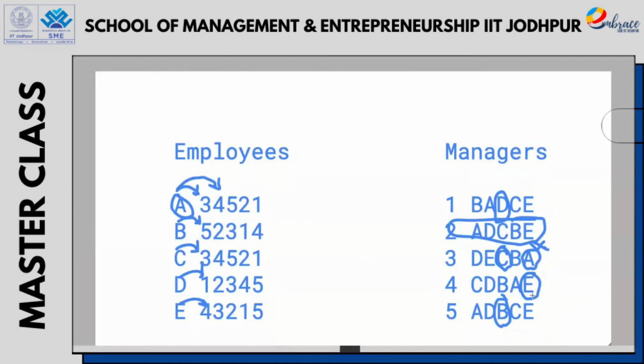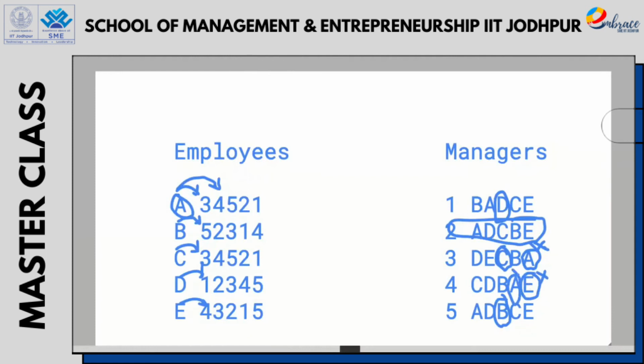Would you want to stay with E, or would you want to take up A? Manager 4 would say, look, fine, I accepted E in the previous round, but A is a better choice for me, right? E goes out of the box because manager 4 has a better proposal, so A is now there.